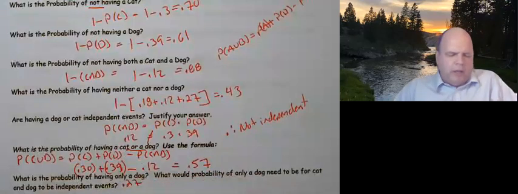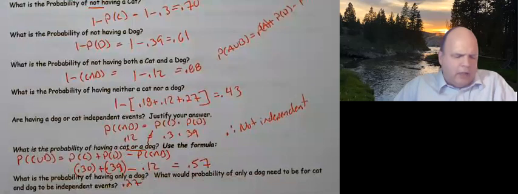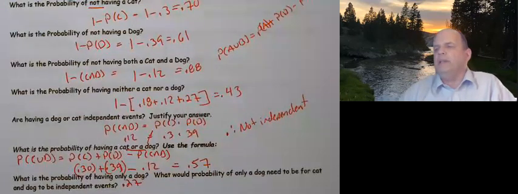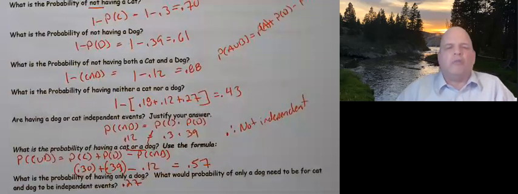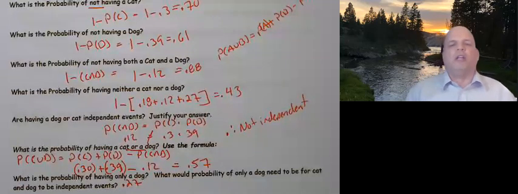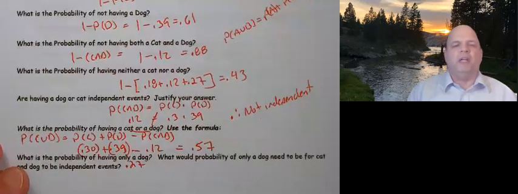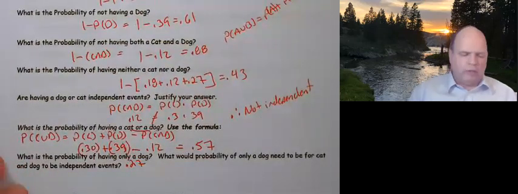What would the probability of a dog need to be for cat and dog to be independent events?